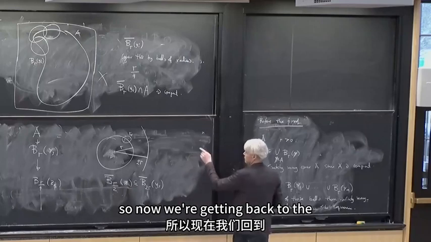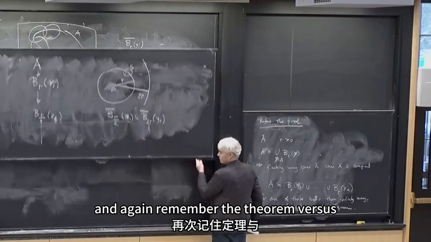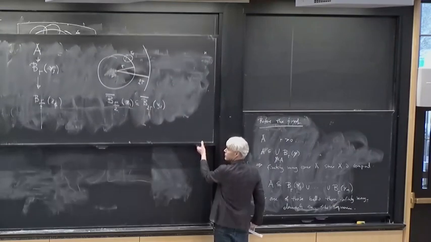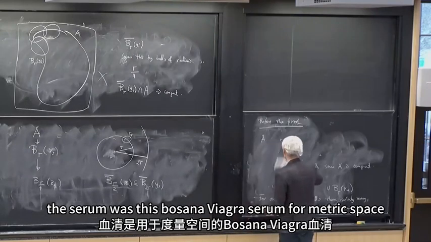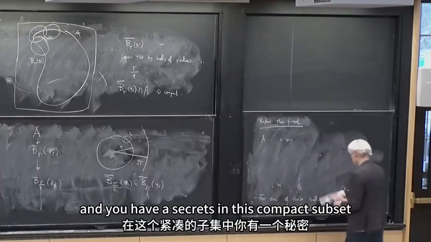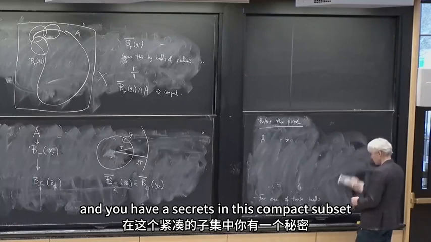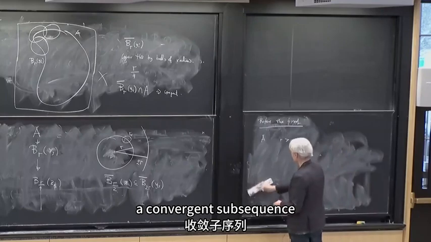So now we're getting back to the proof of the theorem, right? And again, remember the theorem, maybe I erased it now by mistake, but the theorem was the Bolzano-Weierstrass theorem for a metric space: you have a metric space, you have a compact subset, and you have a sequence in this compact subset, and you want to construct a convergent subsequence.